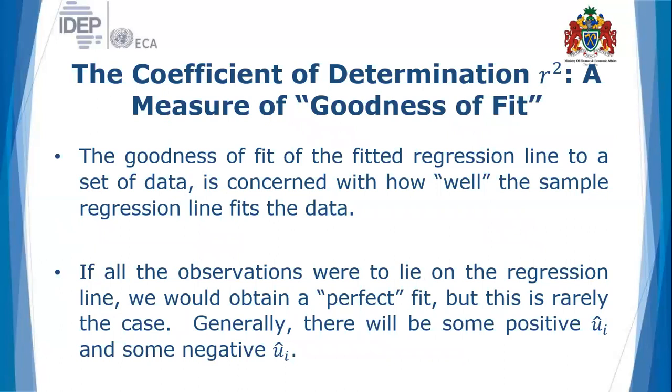Then lastly, let's look at the concept of the coefficient of determination, R squared, which is also known as a measure of goodness of fit. The goodness of fit of the fitted regression line to a set of data is concerned with how well the sample regression line fits the data.